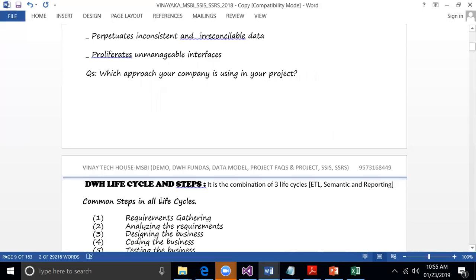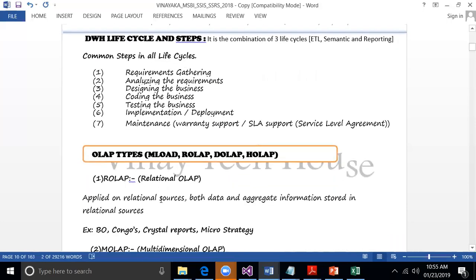Clear? Next, life cycle steps. I just used the word life cycle. Each project requires a life cycle. Knowingly or unknowingly, every day we work in a life cycle. If you stay in an apartment or flat or house, it follows a life cycle methodology. Even our human body follows a life cycle methodology. Similarly, a project also follows a life cycle methodology.